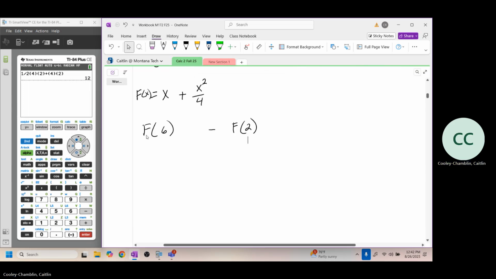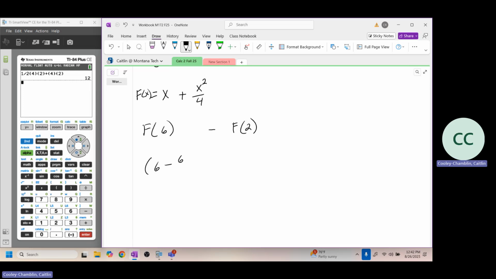Okay. So our capital F evaluated at 6 is 6 plus 6 squared over 4, and then minus our capital F evaluated at 2, which is 2 plus 2 squared over 4.